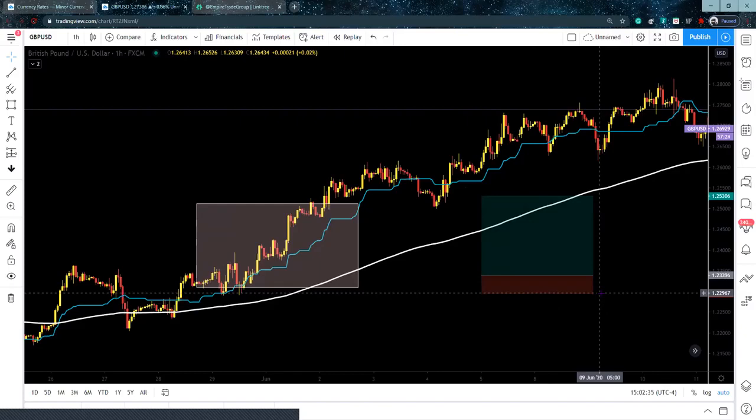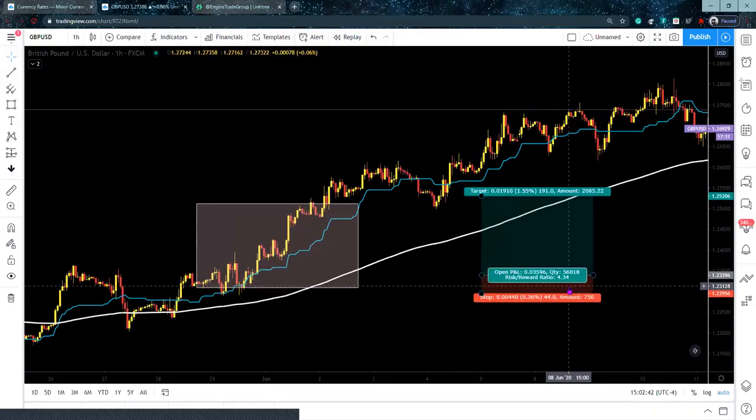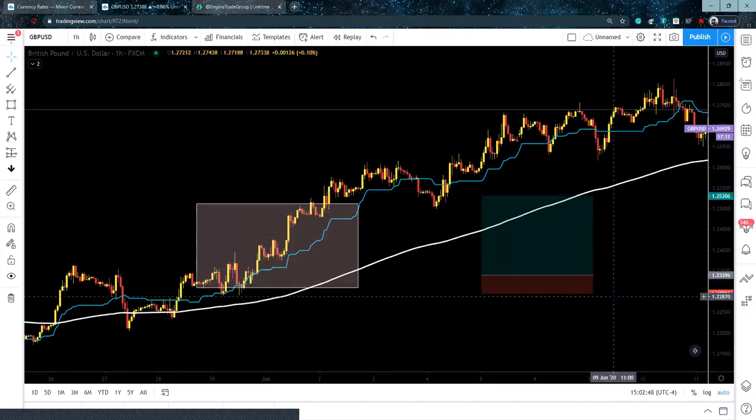A loss is when you lose money. So in this case, what you're doing is you're risking a certain amount of money, 44 pips, right, for you to gain 191 pips. So if that stop loss is hit, you're going to lose those 44 pips. And depending on your lot size, which is a topic that I will cover in just a second, you're going to lose a certain amount of money, right?